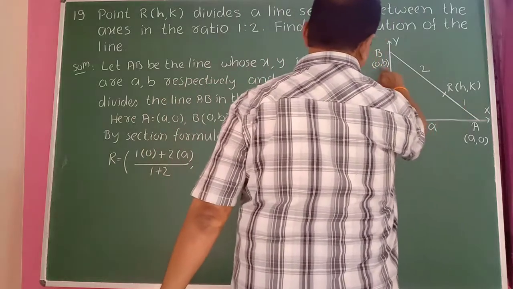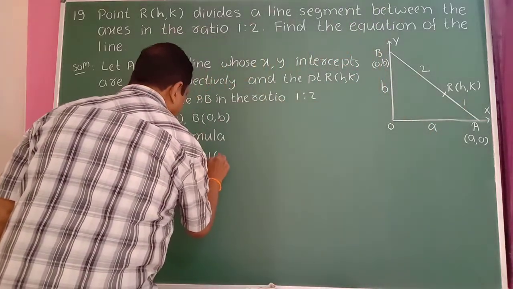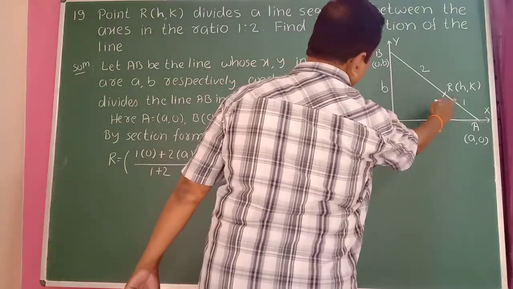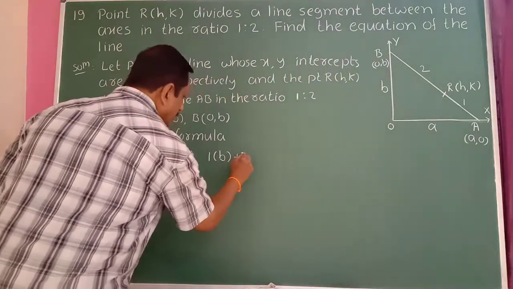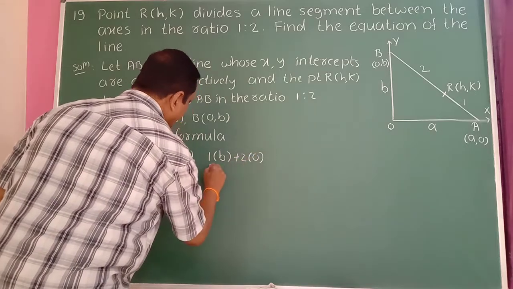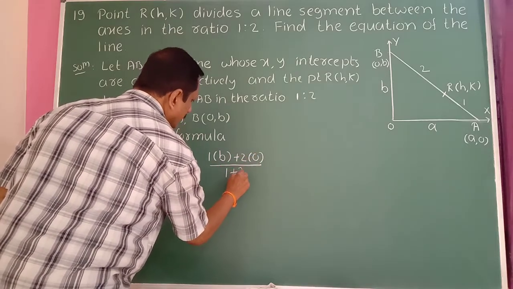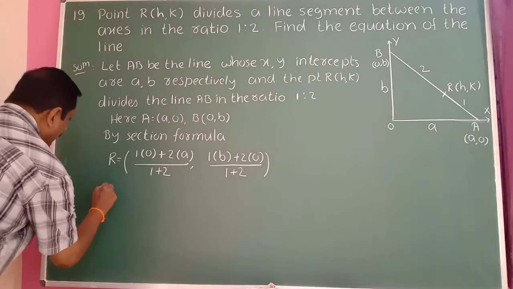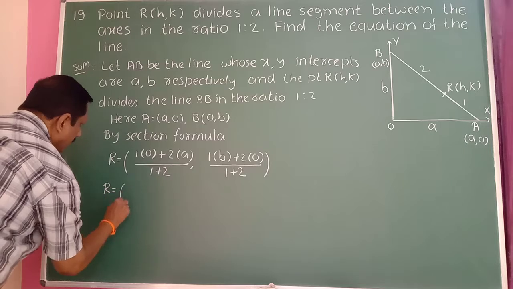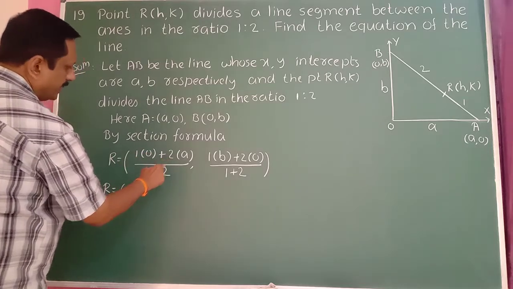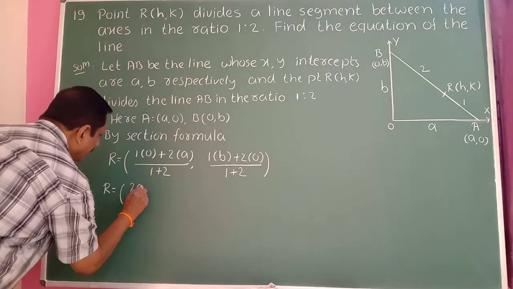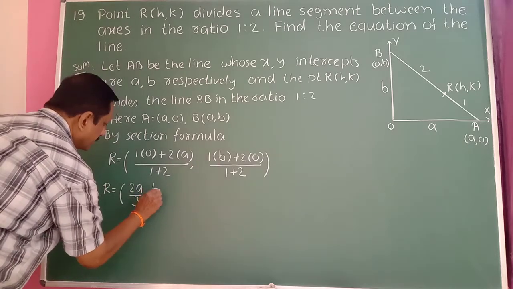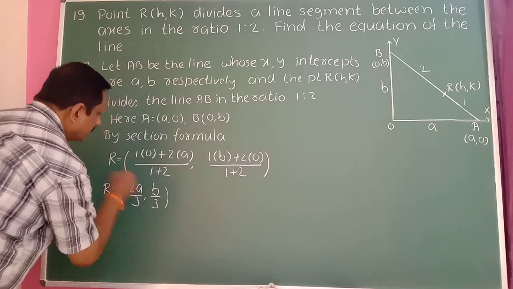Similarly, (1 into b plus 2 into 0) divided by (1 plus 2). You are using the section formula for internal division here. Yes, R is equal to (2a divided by 3, comma, b divided by 3).